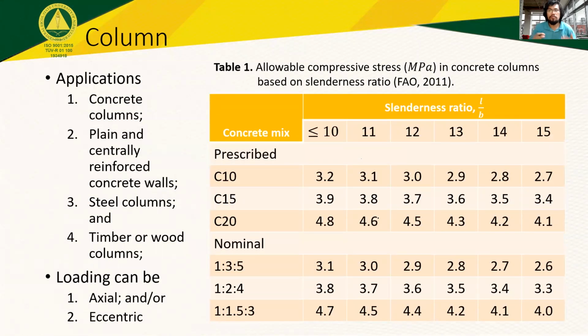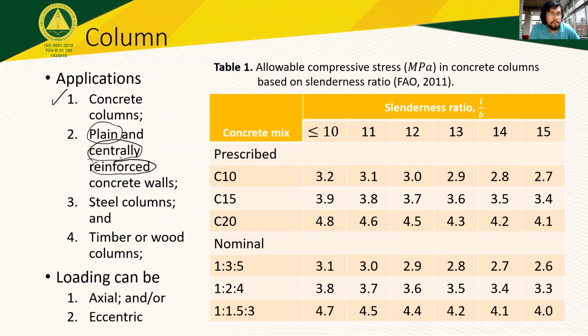And let's go to the materials. We can have concrete columns. We have concrete walls, which are treated as very long columns, and they can either be plain or centrally reinforced, meaning we have reinforcing steel bars centrally placed in them.